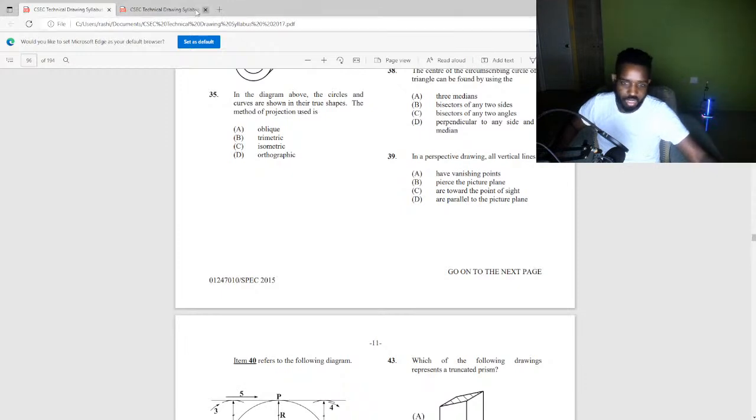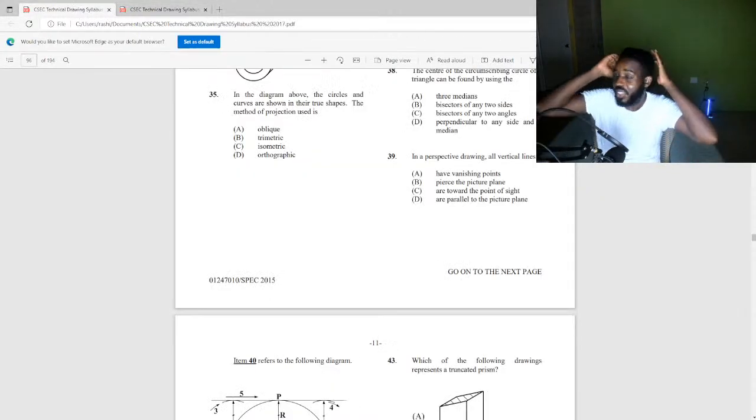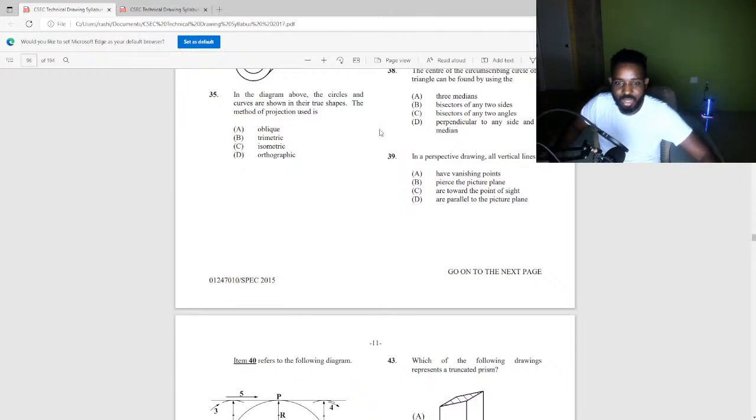Yeah, I think 39 is D, parallel to the picture plane. Yeah, it is D. I don't think perspective drawing is even really on the syllabus. It's on the CAPE syllabus, but anyway, it's a perspective drawing question, and the answer is parallel to the picture plane.